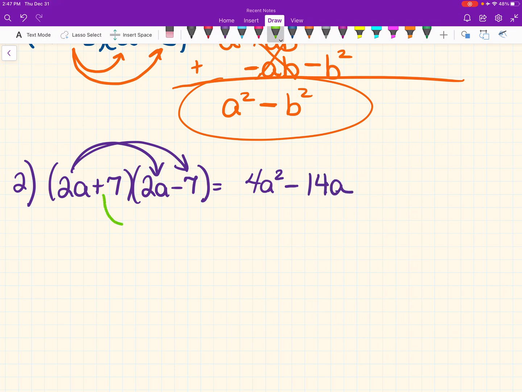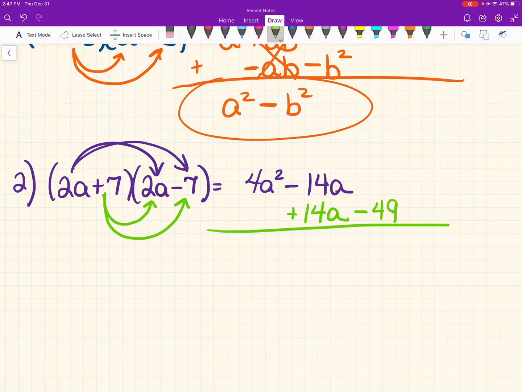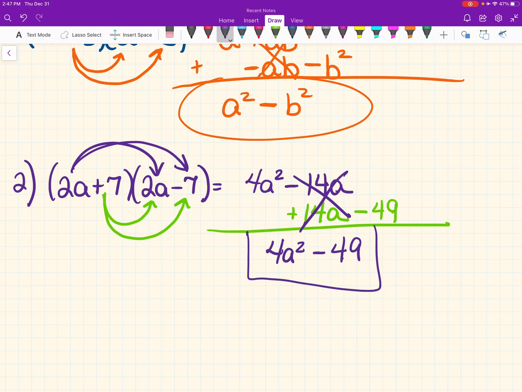And then positive 7 times 2A is positive 14A. You should be seeing what's going to happen. And positive 7 times a negative 7 is negative 49. See what happens. Well, we're left with 4A squared. The middle term goes away, minus 49. Again, perfect square. 4 is a perfect square. A squared is a perfect square. Difference, and 49 is a perfect square. This is the difference of two squares.